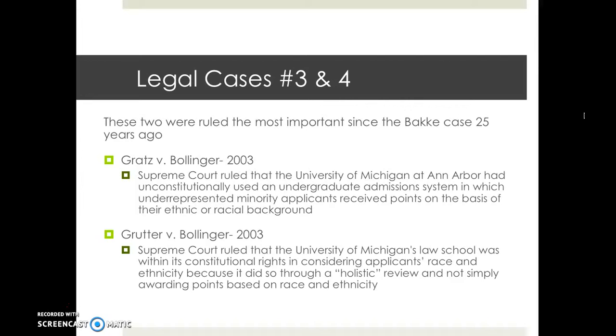case has gone. At the time that Jennifer Gratz applied, the university analyzed prospective applicants under a grid system. Gratz had combined ACT and GPA scores that placed her just outside of the presumptive admit portion of the grid that was used to analyze her results. However, the university had a separate grid for analyzing potential applicants it considered underrepresented minorities.